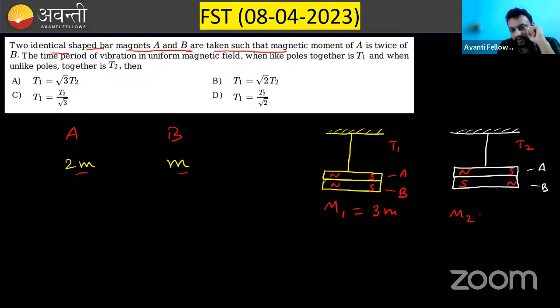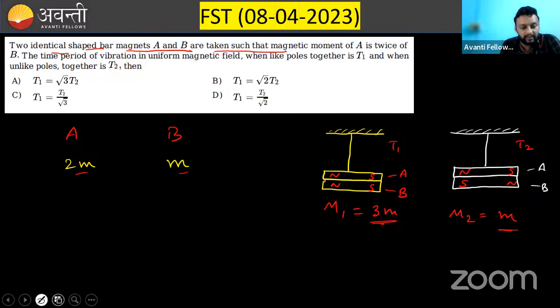So net magnetic moment will be, one is 2m, another is m, so net magnetic moment will be m. Is this thing clear to you? What is the net magnetic moment? In first case, both the magnetic moments are in same direction, so they are added. They are in opposite direction, so they are subtracted.